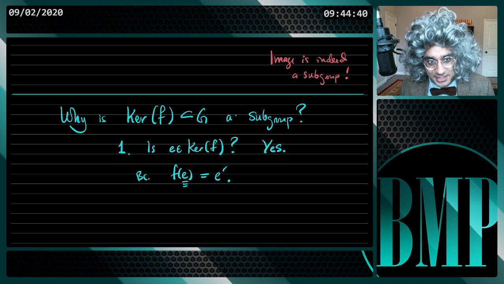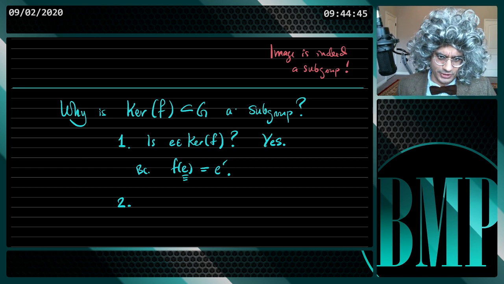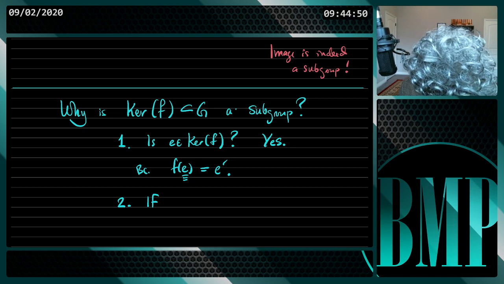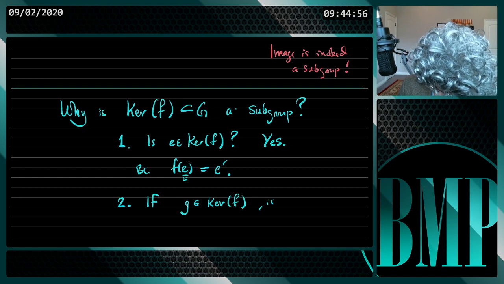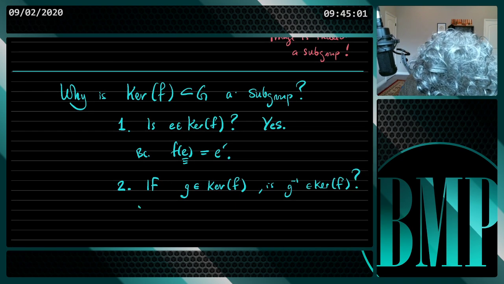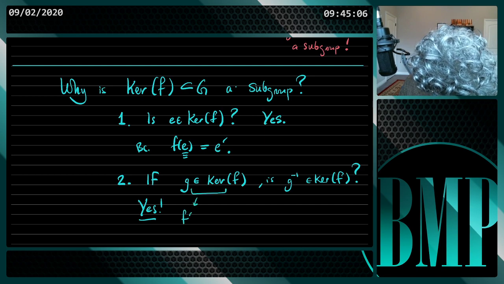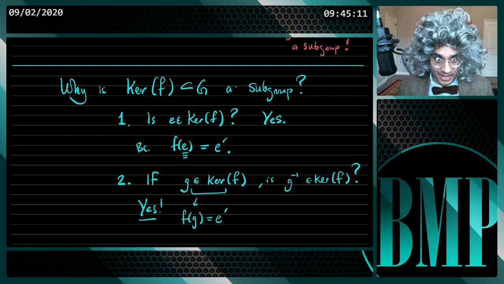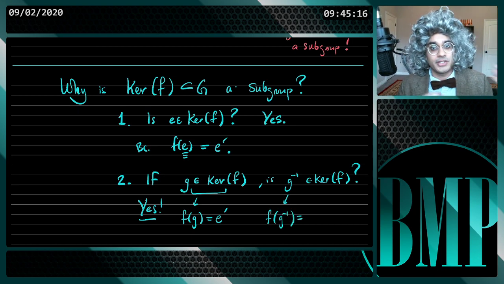All right, next, 2. Let's see. Inverses. If some element g is in the kernel of f, is g inverse in the kernel of f? Yes. Because if g is in the kernel of f, that means that f of g is the identity element in the target group. Okay. But now if you look at f of g inverse, that's the inverse of f of g.